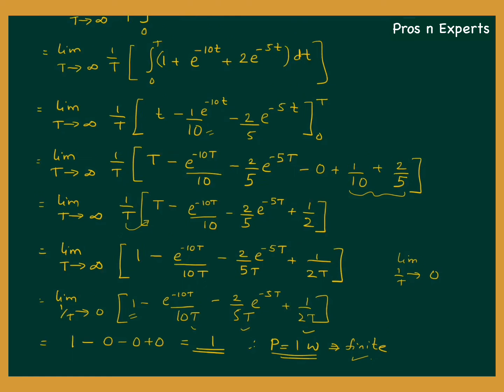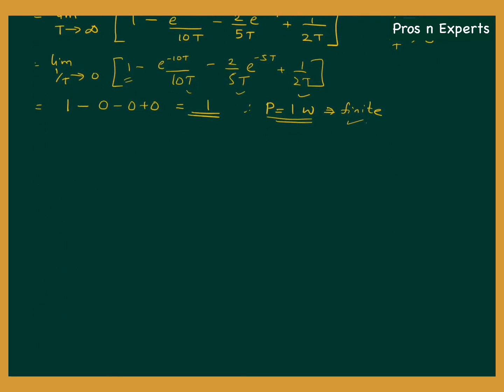Now let us see what is the energy of this signal. Energy of this signal is given by integral over 0 to infinity. You need not integrate from minus infinity to plus infinity because the signal is multiplied by u of t. So the integral is from 0 to infinity of x of t square, which is equal to integral 0 to infinity 1 plus e raised to minus 10t plus 2 e raised to minus 5t dt.